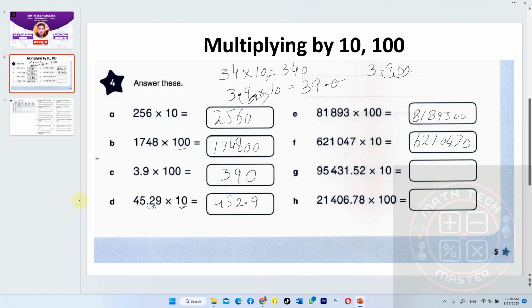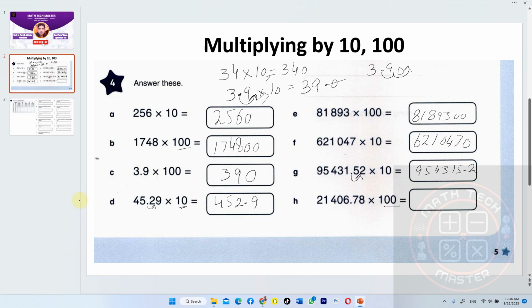Next question carries 1 zero, so we have to jump this decimal one step towards the right. So it will jump one step and it will come between 5 and 2. So the last number is multiplying with 100.